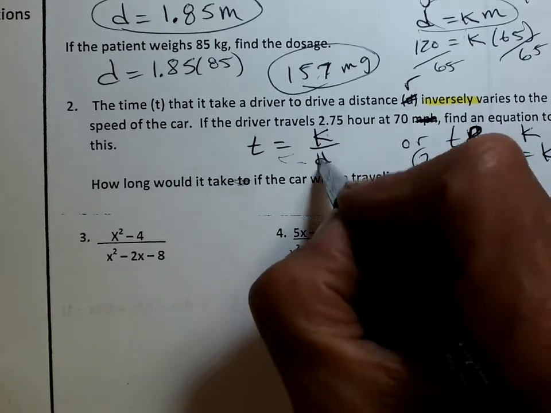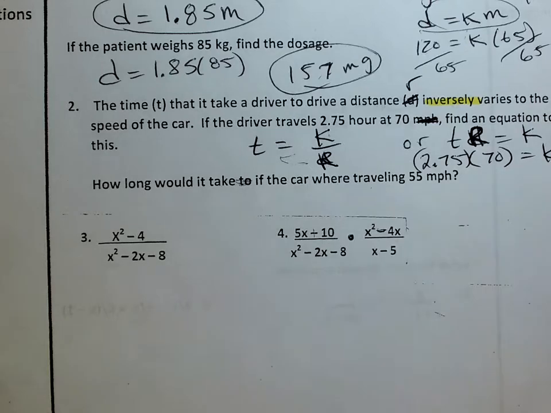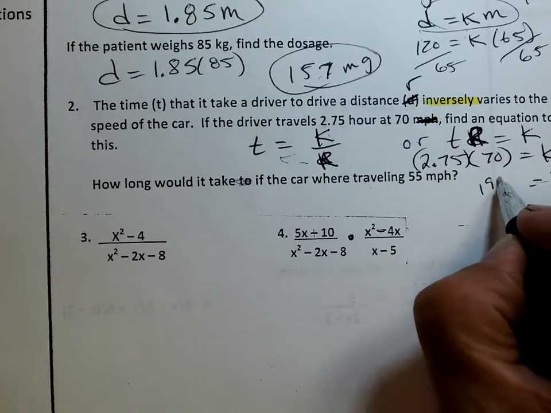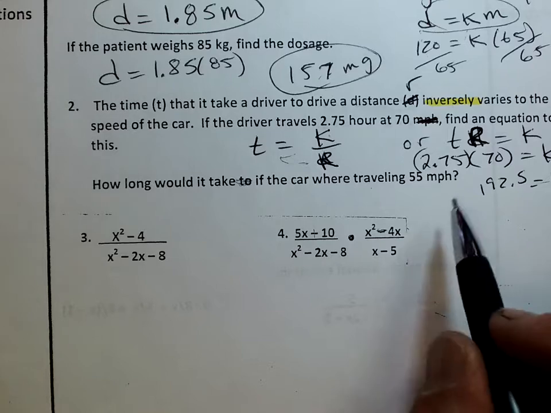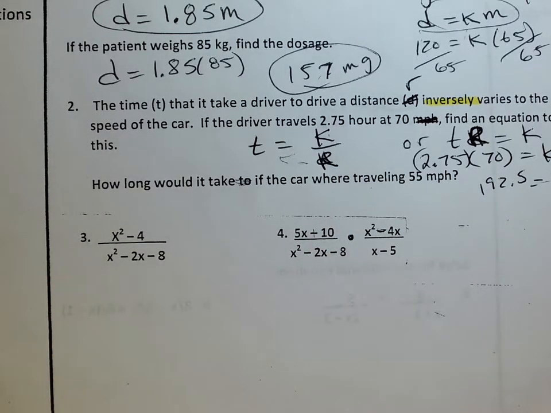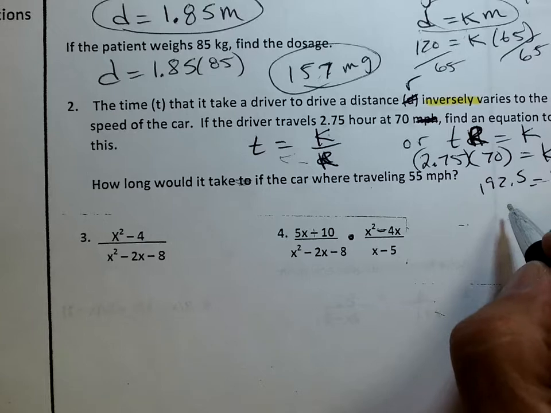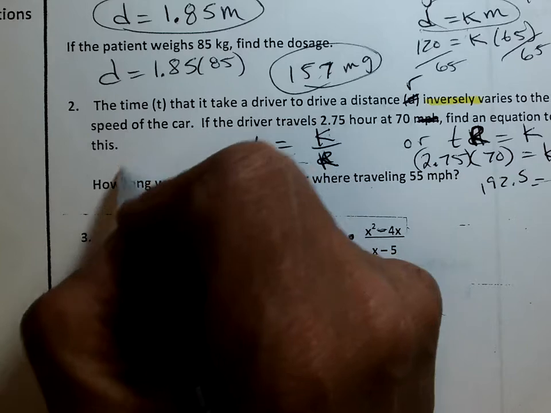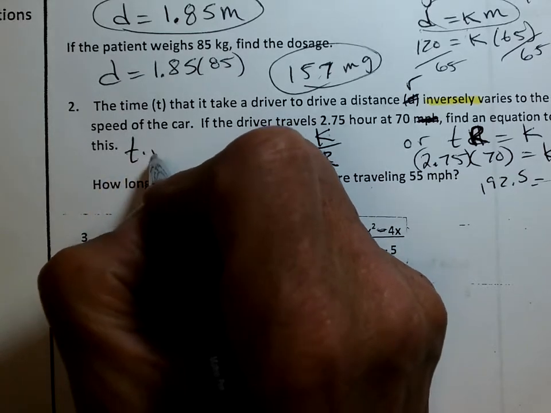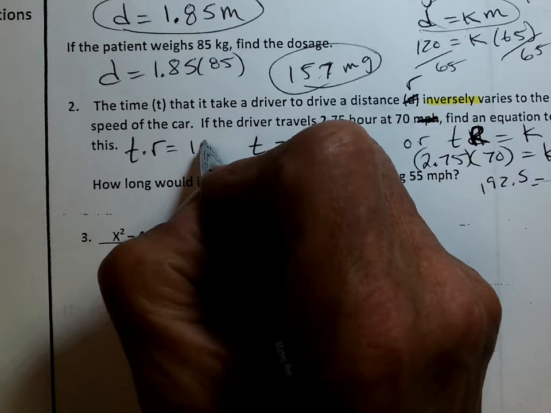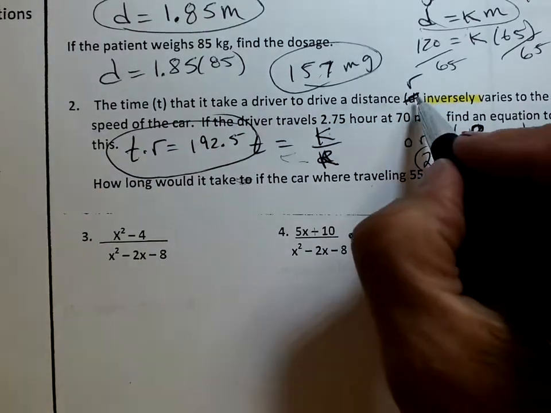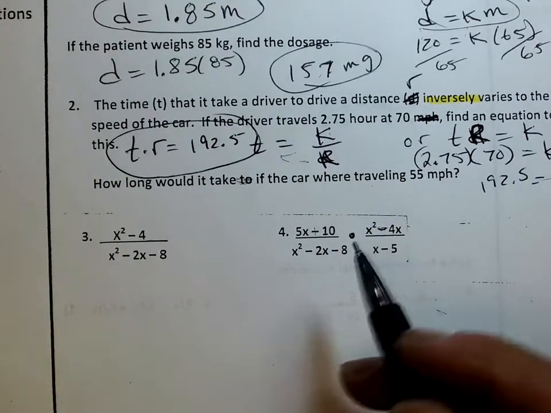Now it's making more sense. An R for rate, 70. 2.75 times 70, and I get about 192.5, so k is about 192.5. Sorry about the mistake. I need to go back and fix this. So my equation is t times r equals 192.5. Let's use r, not d. My typo. Sorry, guys.